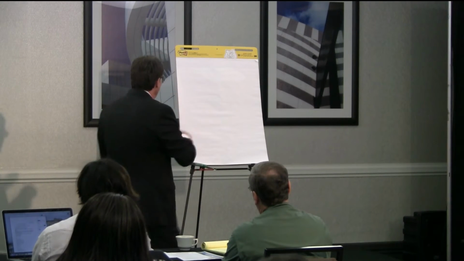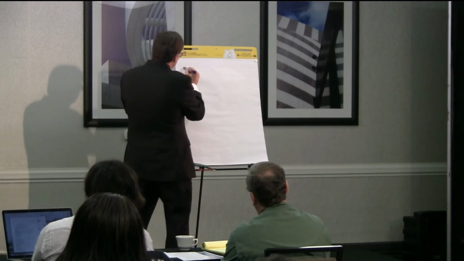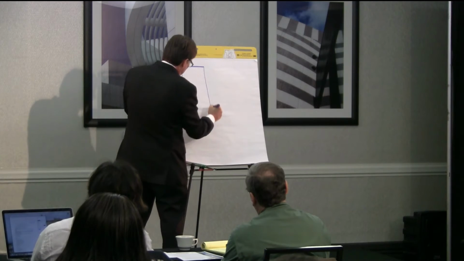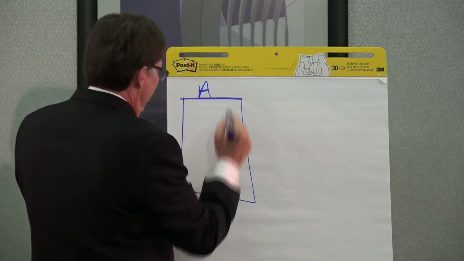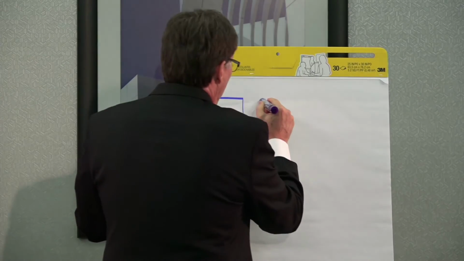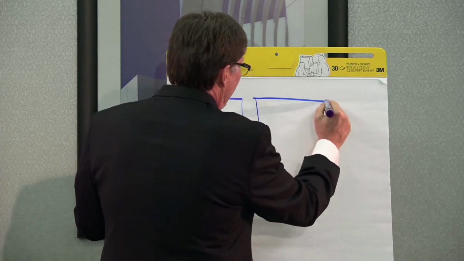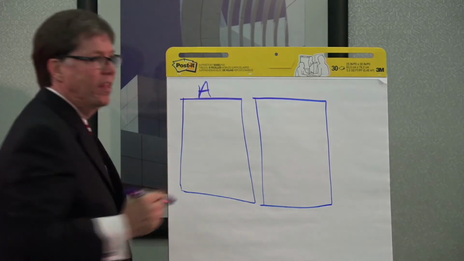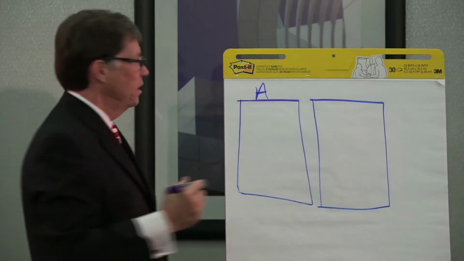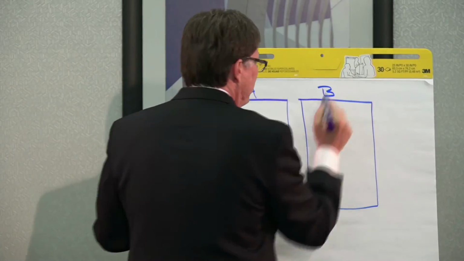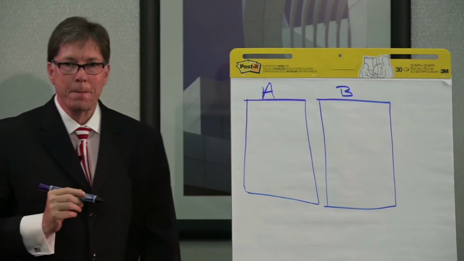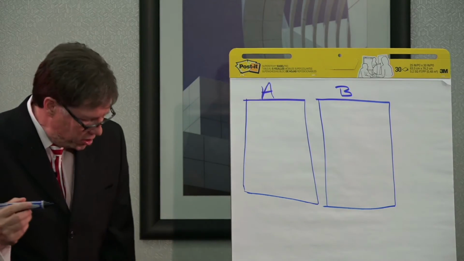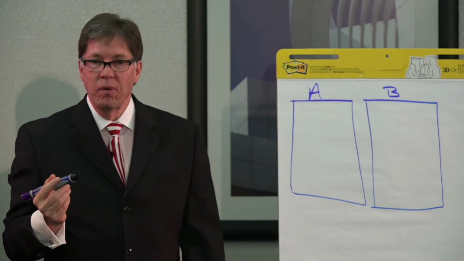Watch this. So I build a landing page. We're going to call this landing page A. And then, through technology, I copy the landing page exactly. And that's B. Now, through technology, we start advertising our website.